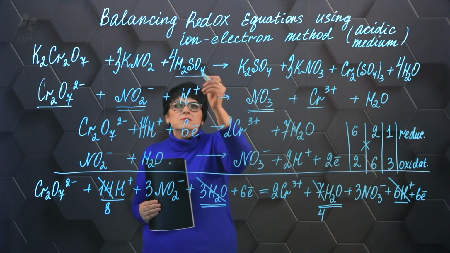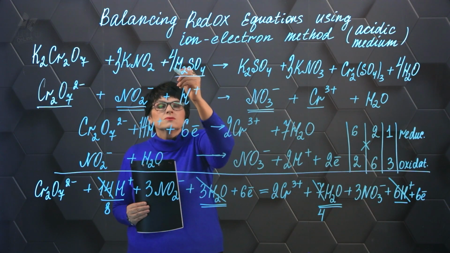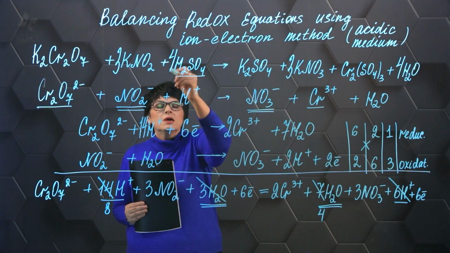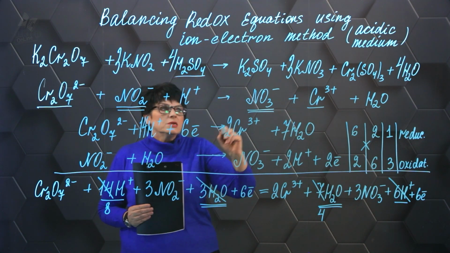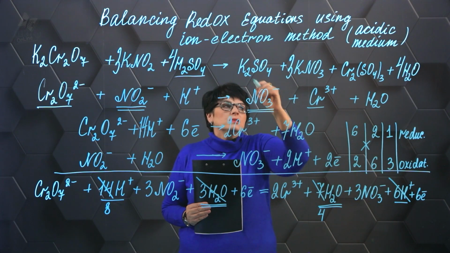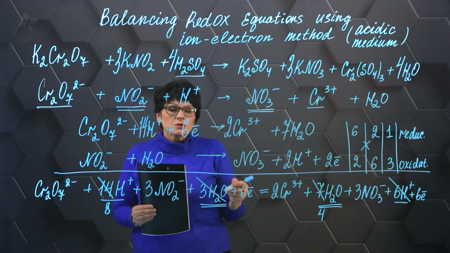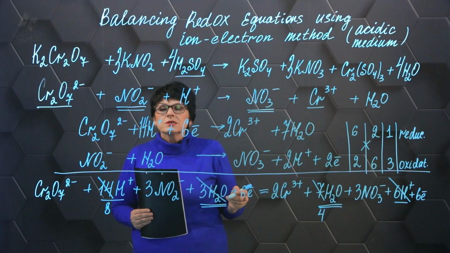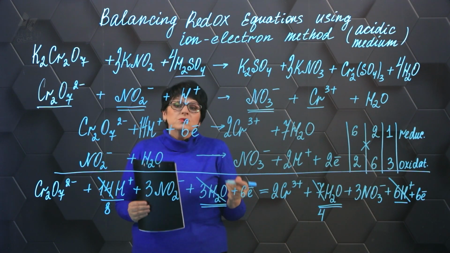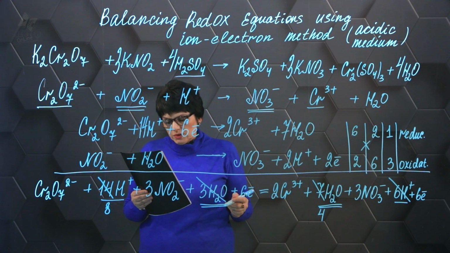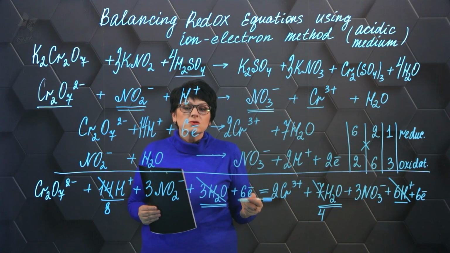The acid residue SO4 did not participate in our case. Here it is 4 SO4. Here it is 1 and 3, 4, and automatically oxygen in it is also equalized. Now we check by oxygen to make sure that we have the oxygen number correct here. And we get 7 on the left-hand side.